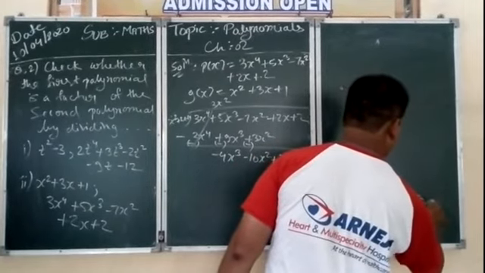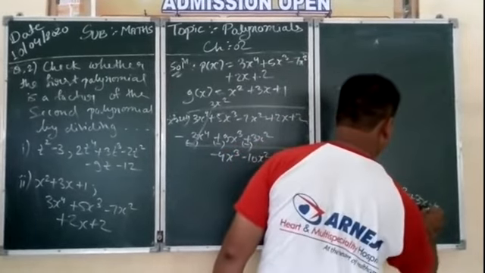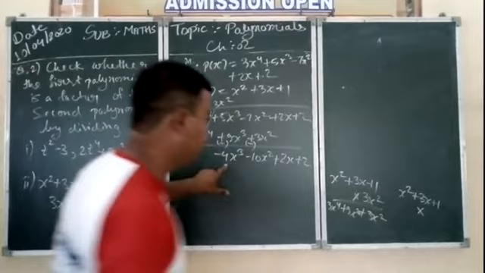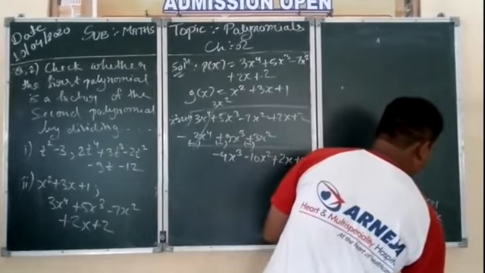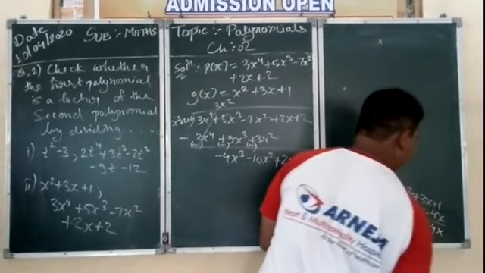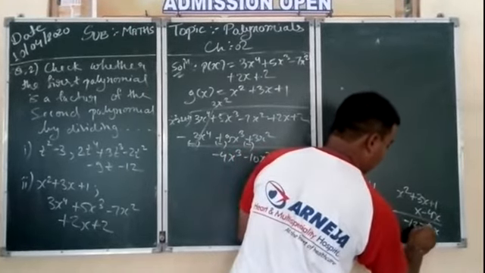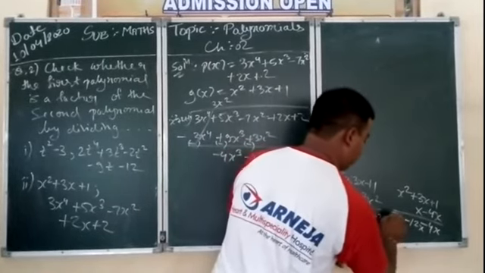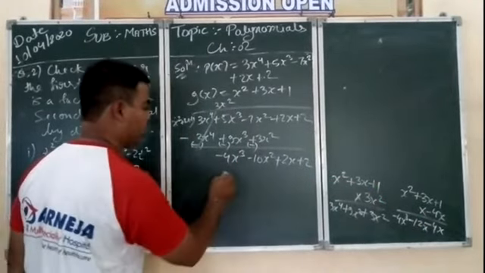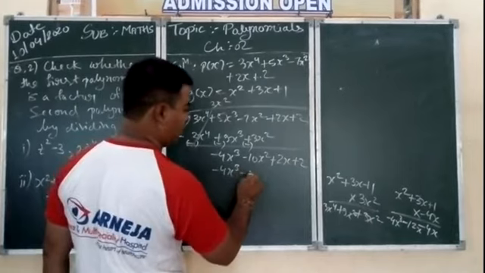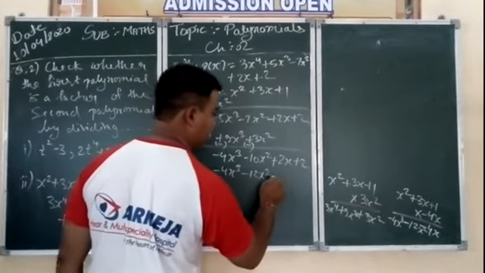Now again, x square plus 3x plus 1 is multiplied by which term to get minus 4x cube? By minus 4x. So minus 4x times x square plus 3x plus 1 gives minus 4x cube minus 12x square and minus 4x.